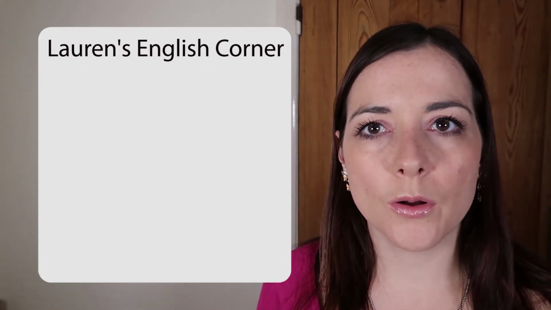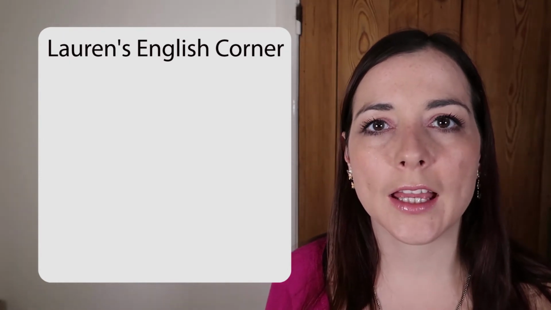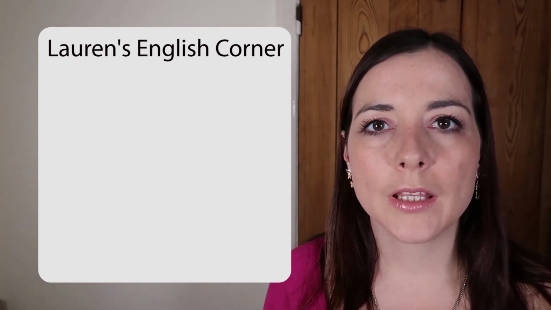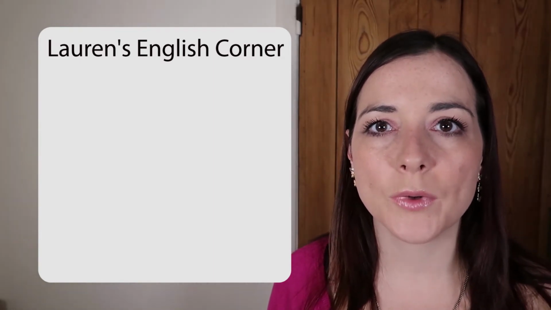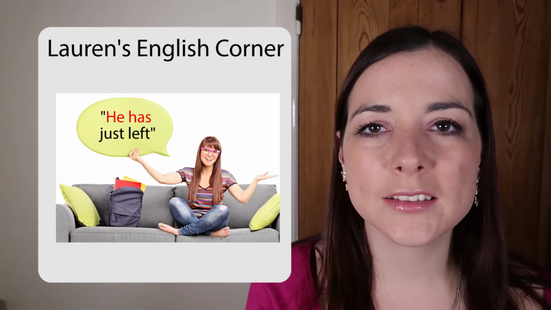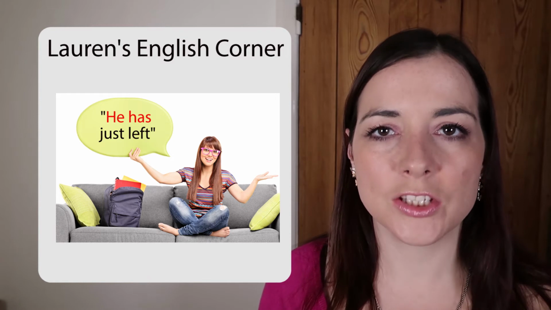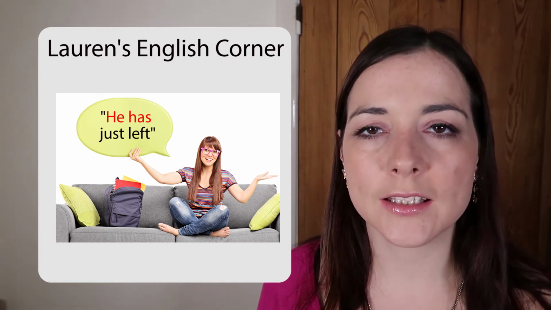An example with she or he, we could say, he's just left. So for example, if somebody asked, where's David? You could say, oh, he's just left. He has just left. So this is something that has happened just this second.